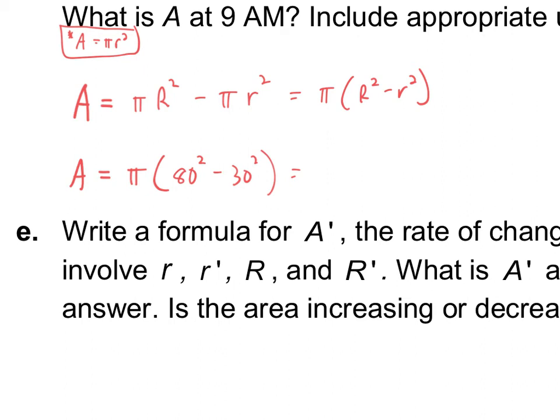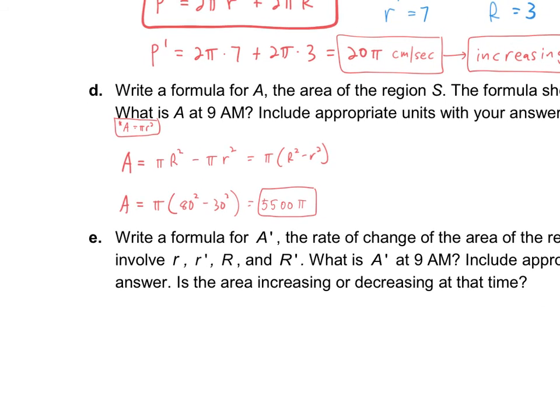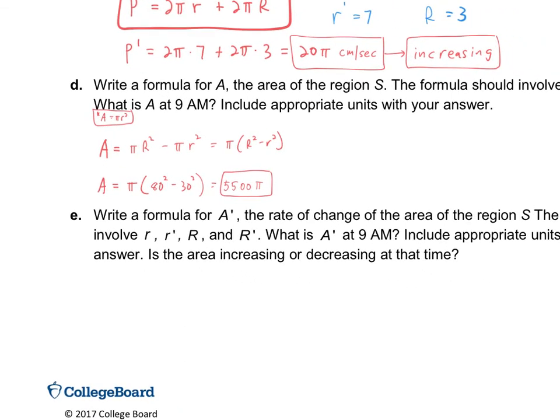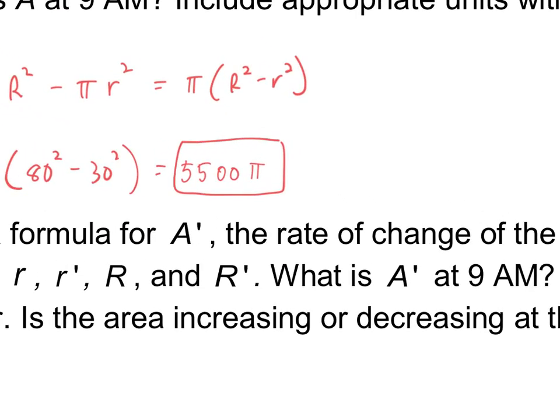Yeah, 6400 minus 900, that's 5500. Is that right? Yeah. And then units: the distance was centimeters, so this will be square centimeters.